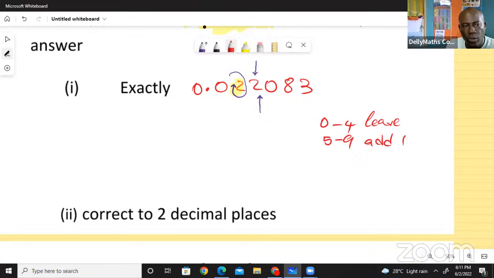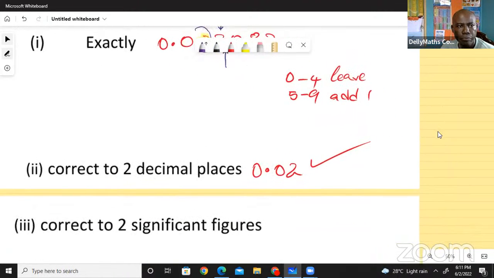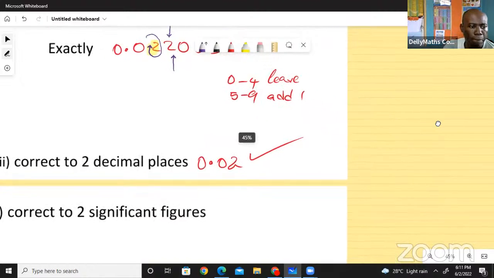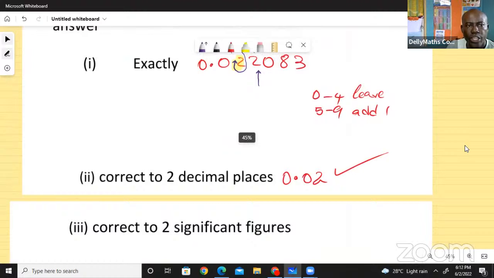When you get this answer and ready to write it to 2 decimal places, the answer is 0.02. All right, there we go. Now, the next question wants us to write this correct to 2 significant figures.